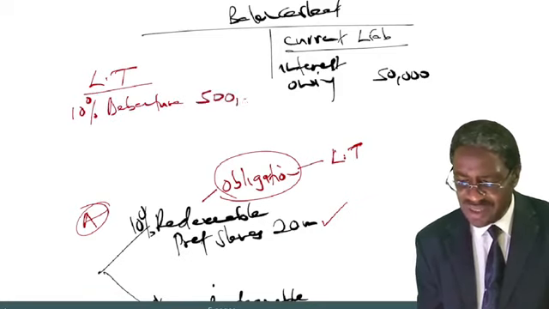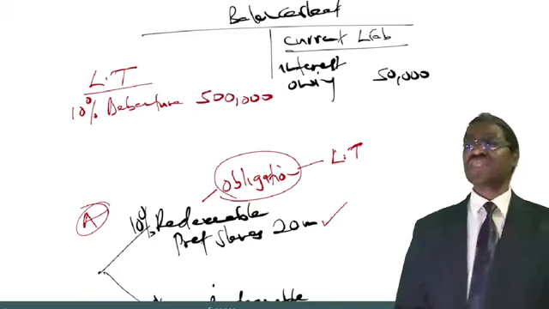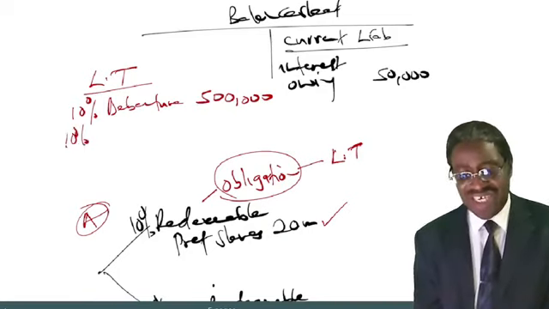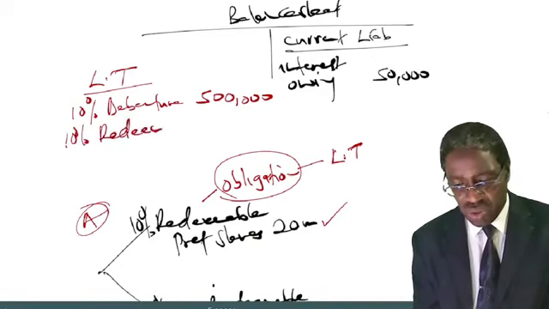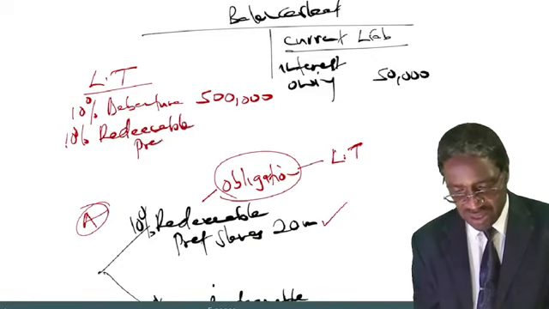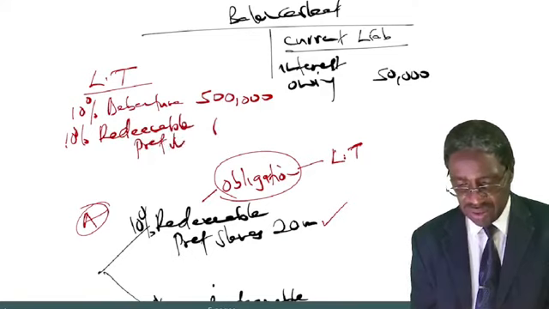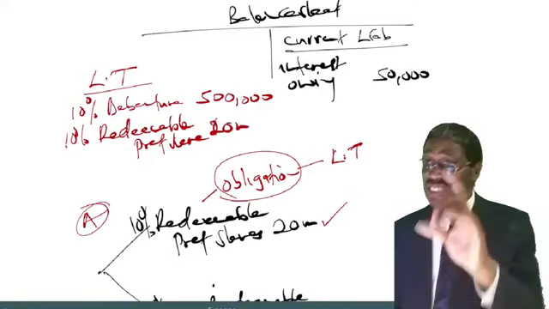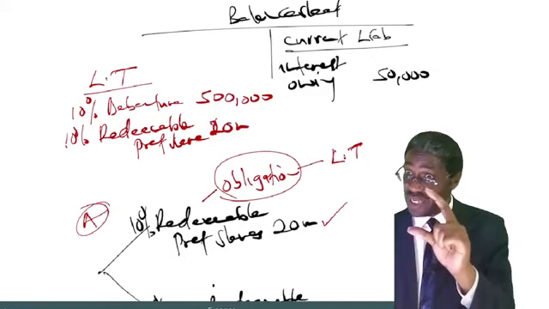In other words, where you normally take your 10% debenture in the balance sheet, that 500 we have been discussing, is the same place where you now take your 10% redeemable preference shares. Why? Because you have an obligation to pay, just like you have an obligation to pay back the debentures.